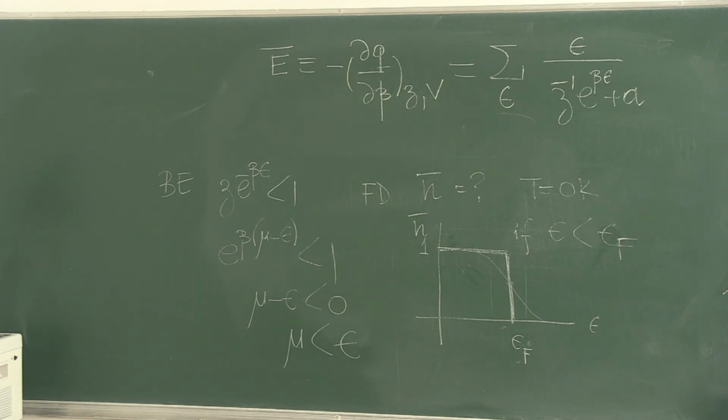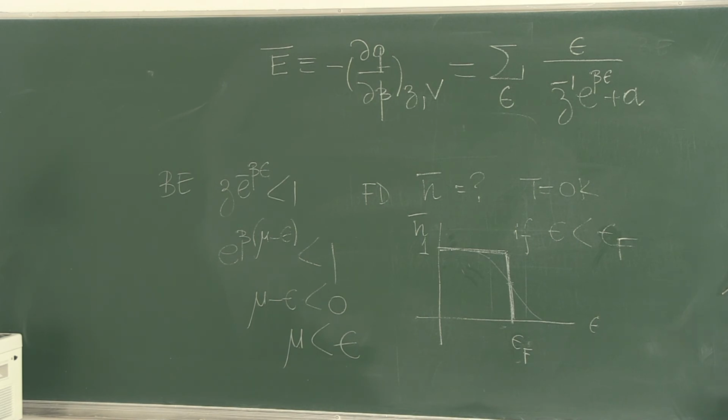When mu approaches the lowest energy state, the chemical potential approaches the ground state, that state starts to be occupied by particles. That means Bose-Einstein condensation. Otherwise, the chemical potential will be way below the ground state energy.